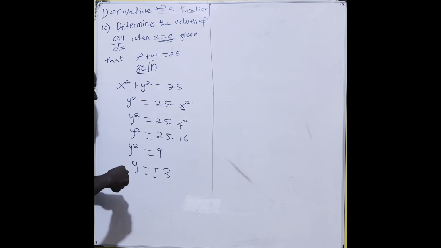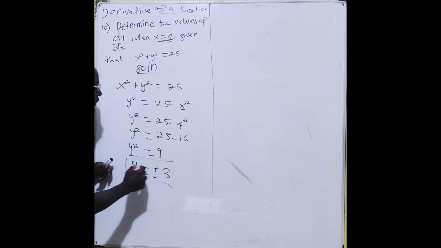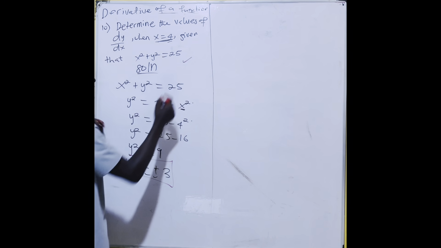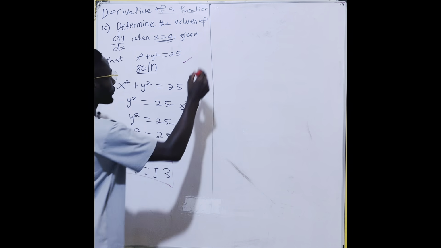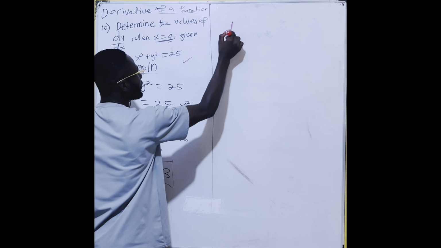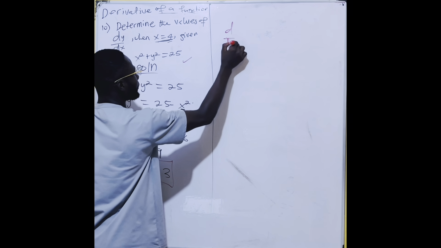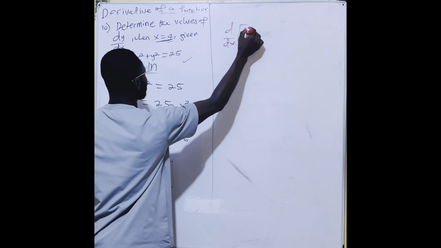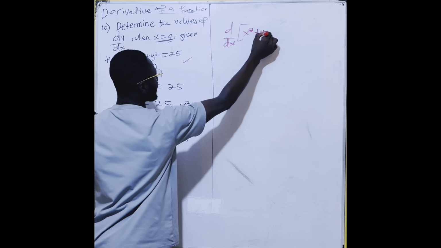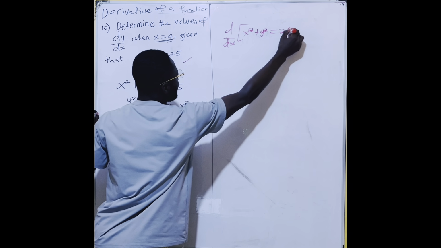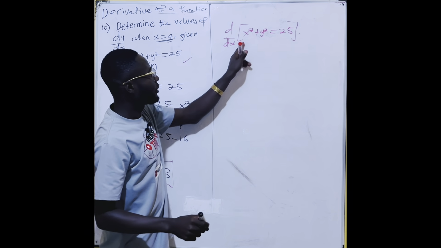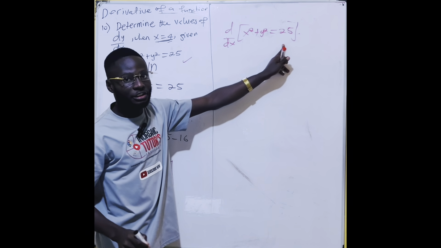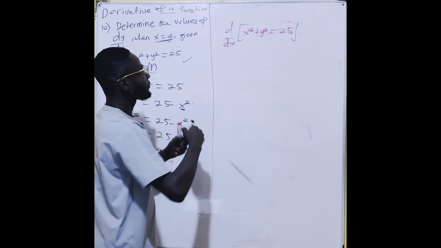Okay, so once we have the value of y, then we can go ahead and differentiate this particular function with respect to x. So d with respect to x of x squared plus y squared equals 25. And it means that we are differentiating each of the terms with respect to x.